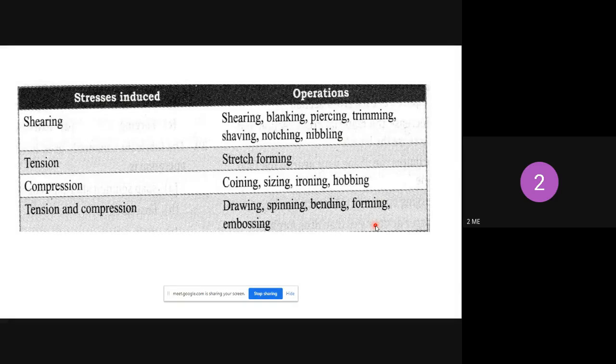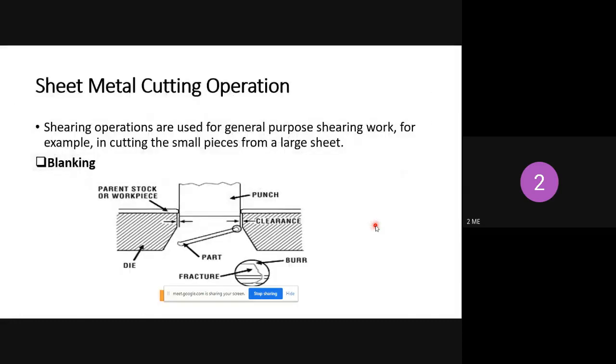These are the three different types of sheet metal operation. First we'll discuss the sheet metal cutting operation.